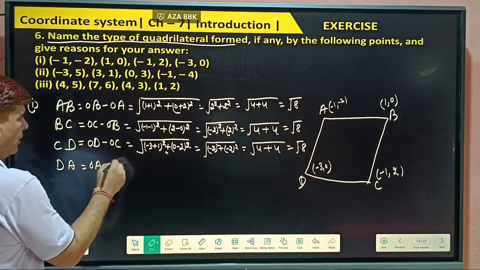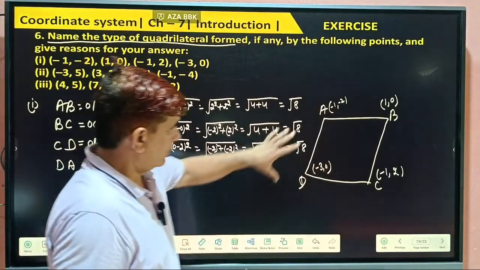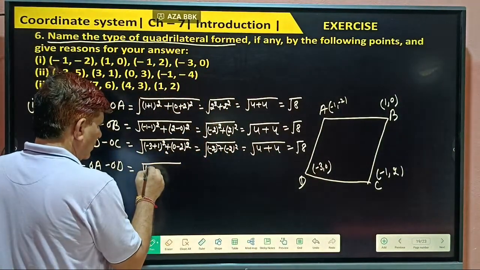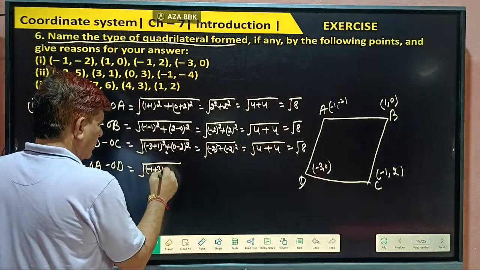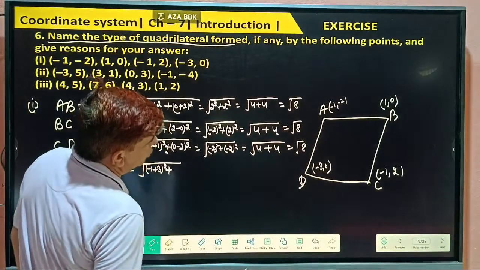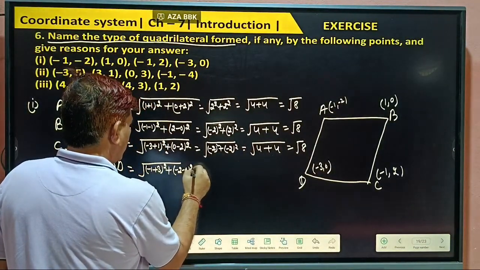Then DA, OA minus OD. So find out (-1 plus 3) whole square plus (-2 minus 0) whole square.